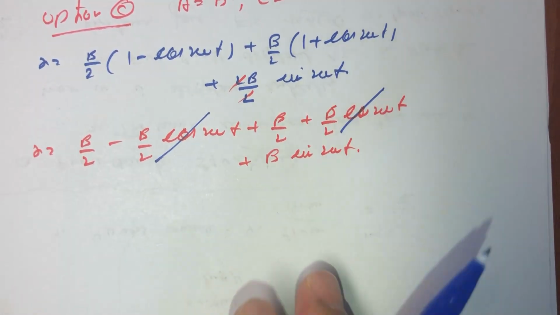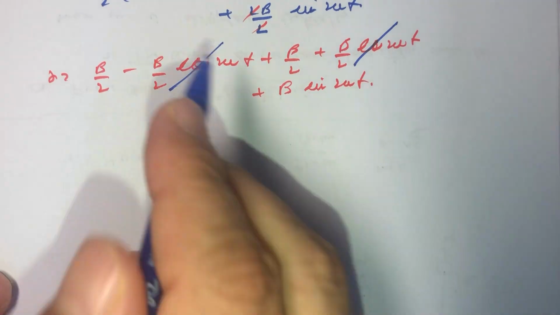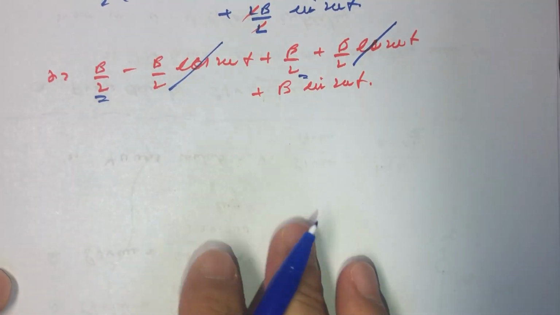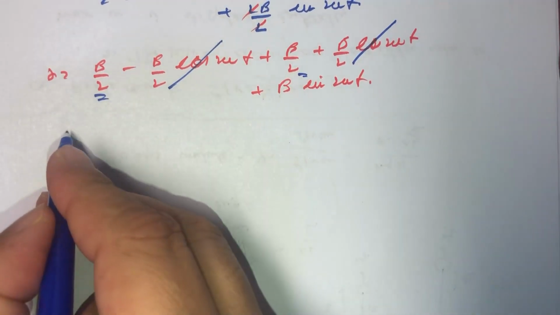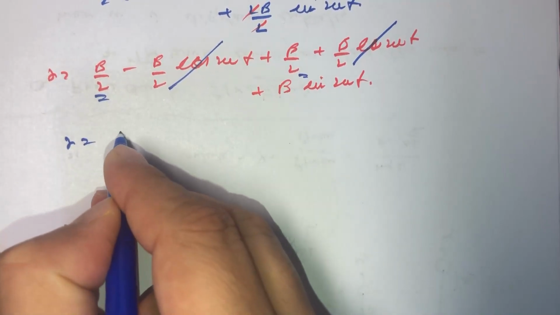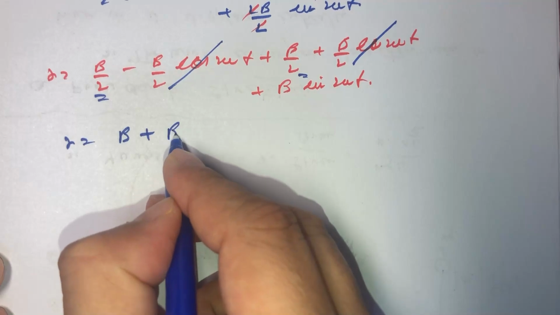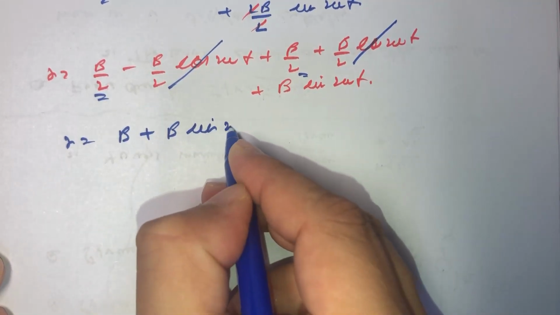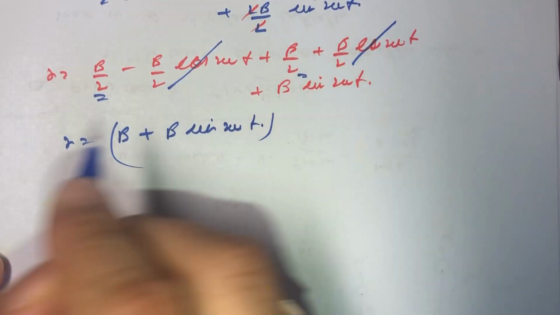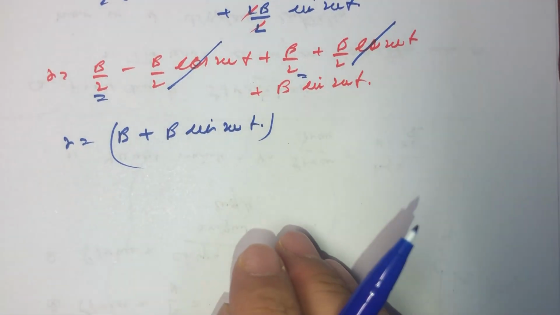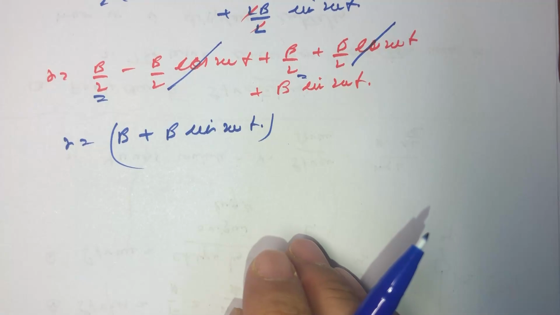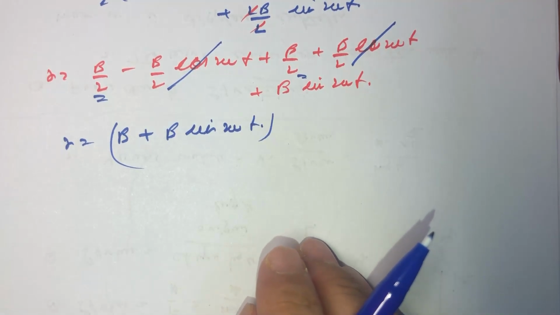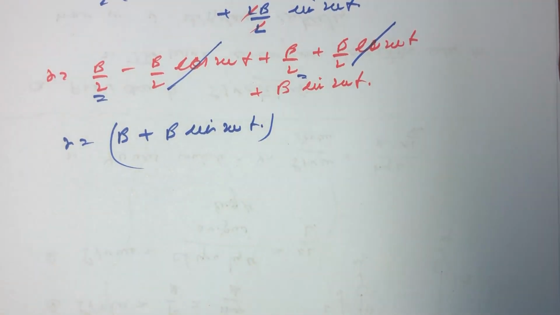These two terms cancel out and we have B by 2 and B by 2. We add them, that becomes B. So we get x equal to B plus B sine 2 omega t. And this is the equation for SHM.